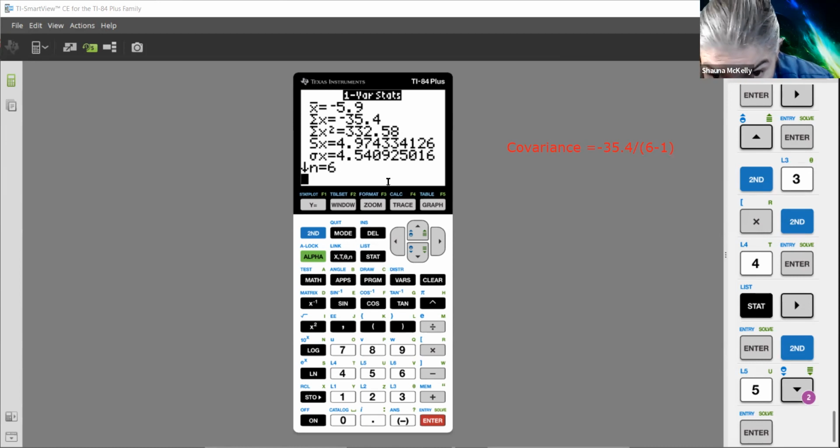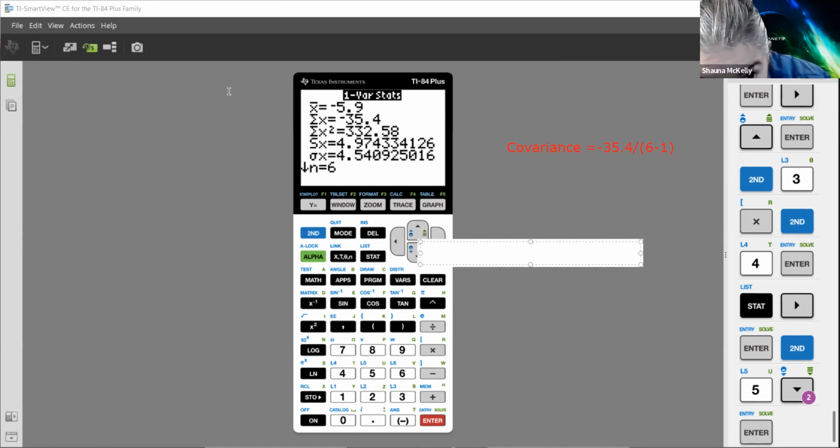And then I can just do that calculation down here. So negative 35.4. If I was actually using the calculator keyboard instead of the cursor, which I'm not, here when you use the negative, use the toggle minus because it's a negative number.